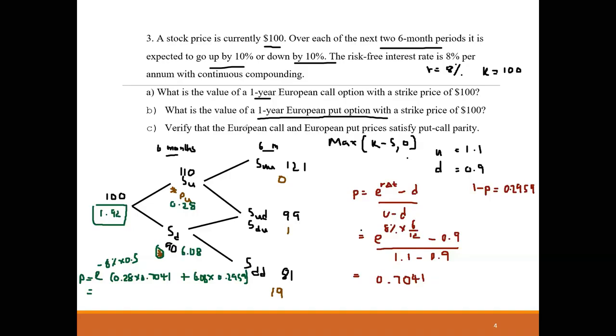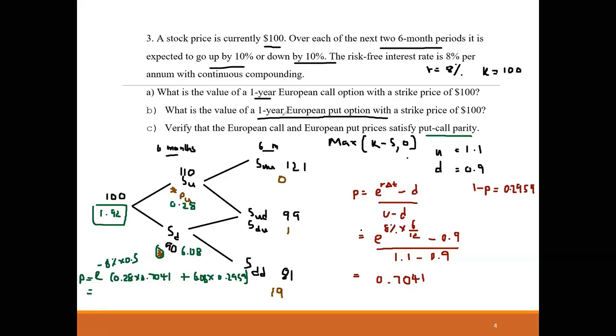And then verify that the European call and European put prices satisfy the put call parity. So put call parity, we said, gives the relationship between the call option price and put option price with the same strike price and the same expiration date. So European options that have the same strike price and the same expiration.